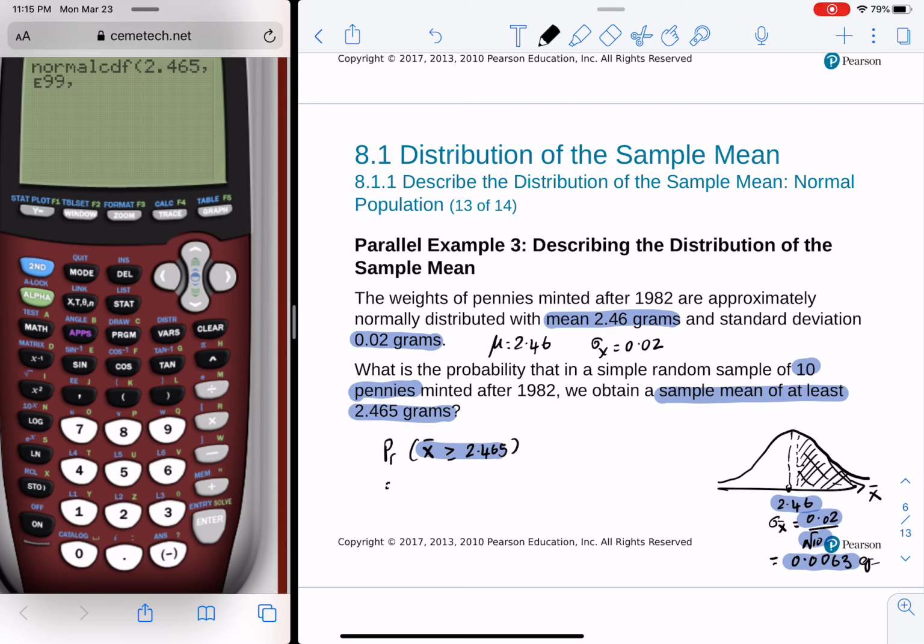The mean is 2.46, mind you, but the standard deviation is the standard error because we are looking at the average of 10 pennies, and we found that standard error to be 0.0063, and that probability is 0.2137. So there is a 21.37% chance the average weight of those 10 pennies would be at least 2.465 grams.